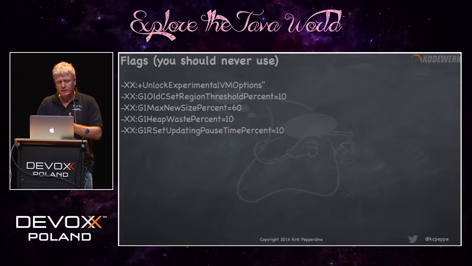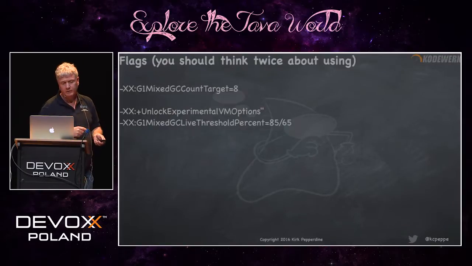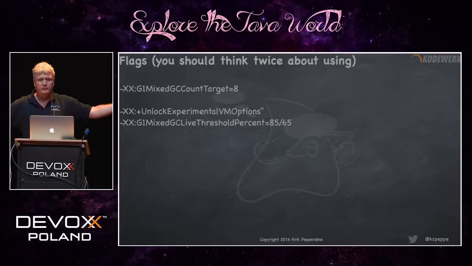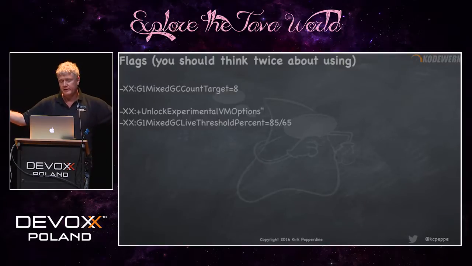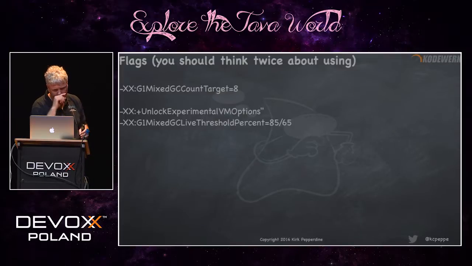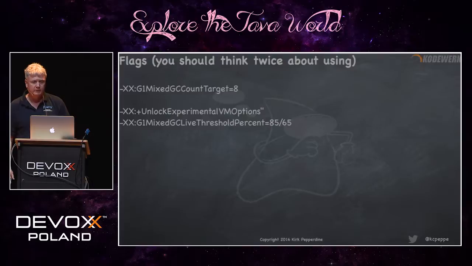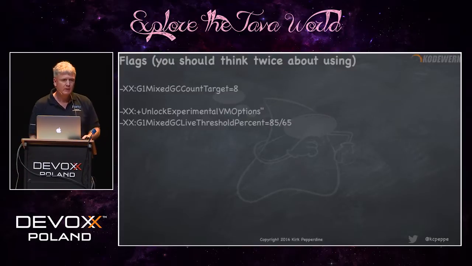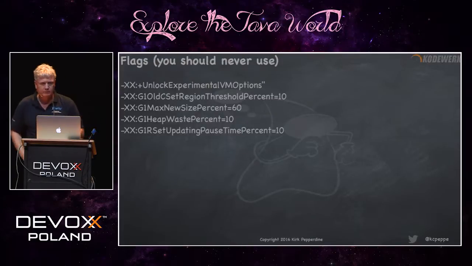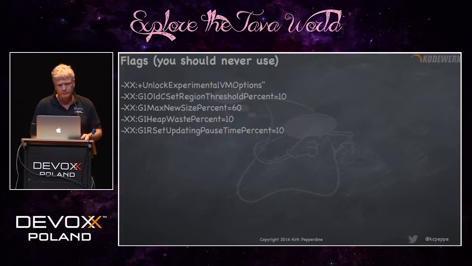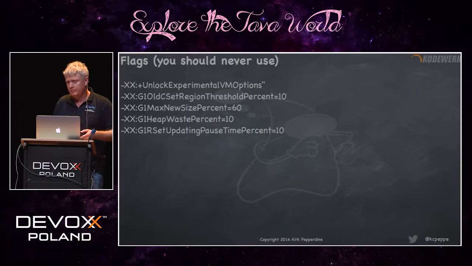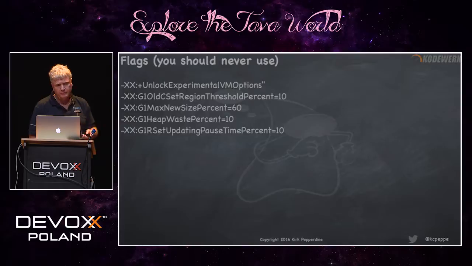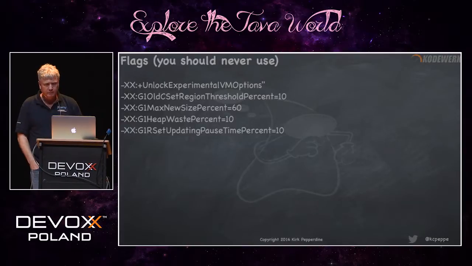And so let's make the number of mixed collections that we can perform actually larger, so we can break this data set up so that we can end up with smaller collection sets so that we don't suffer from horrendously long pause times. So there's this sort of balancing game that you end up playing, trying to figure out how to tune this thing, which is why it's so difficult. Well, that, and they keep changing the implementation on a build-by-build basis. So you're chasing a moving target at the same time.